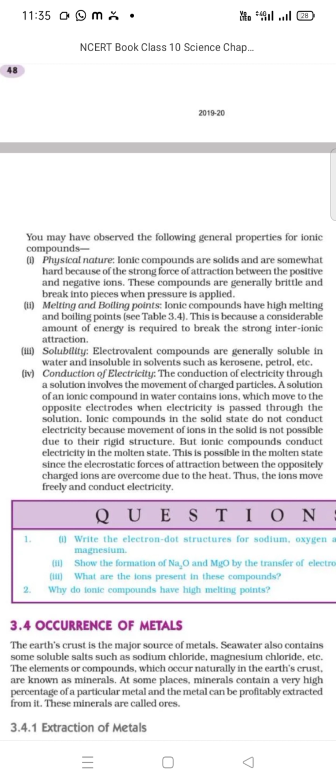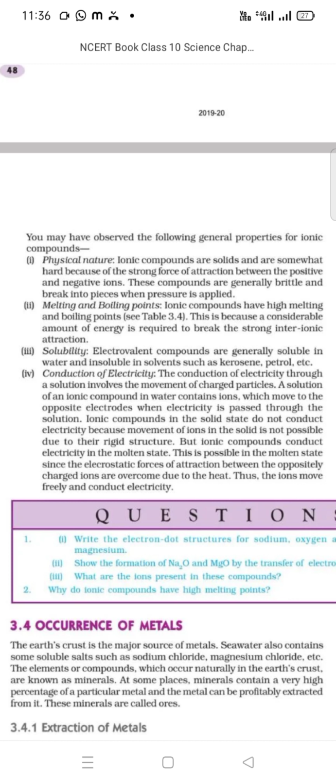Physical nature of ionic compounds: what is the physical nature? That means the outer property. Ionic compounds are solid and somewhat hard because of the strong force of attraction between the positive and the negative ions. एक तो positive and negative दोनों opposite involved है, so obviously they are very strong. These compounds are generally brittle. What is the meaning of brittle?